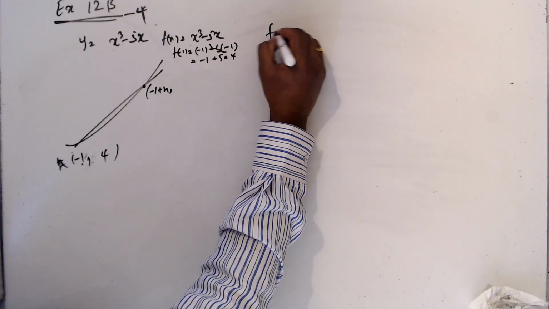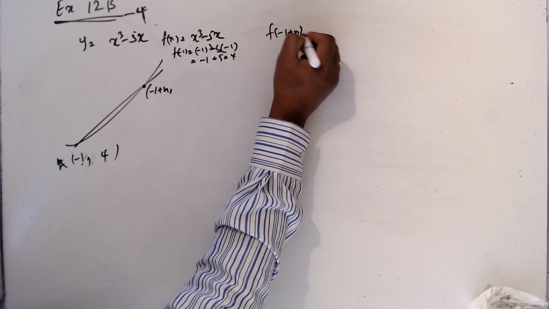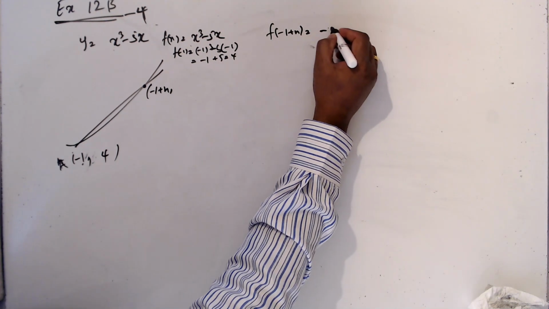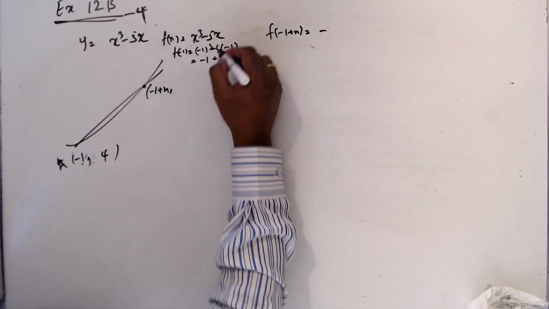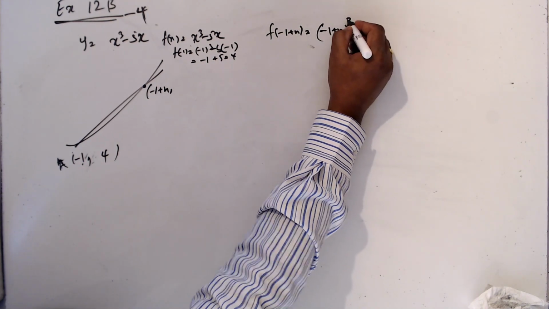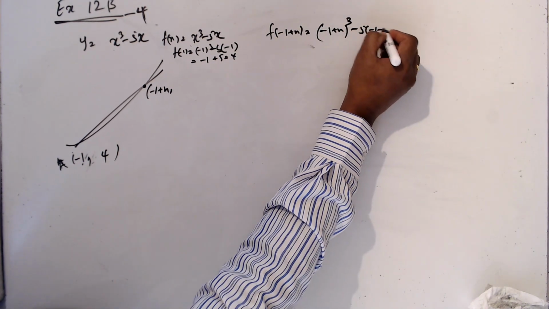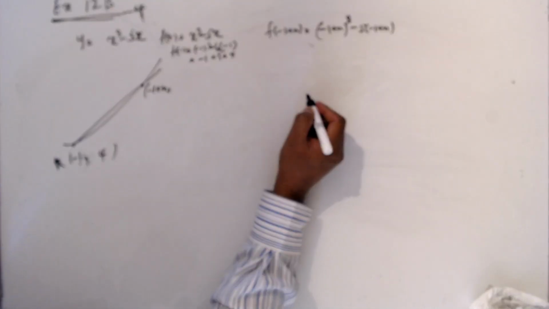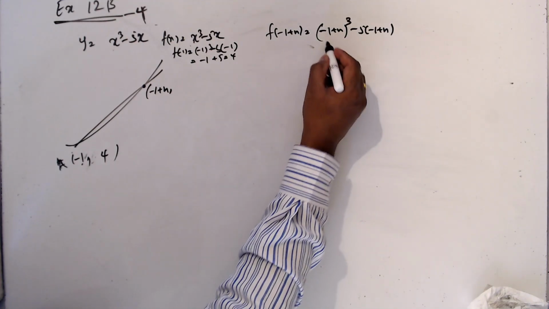So f(−1 + h): instead of x, substitute −1 + h, so (−1 + h)³ − 5 times (−1 + h). So this is the value.